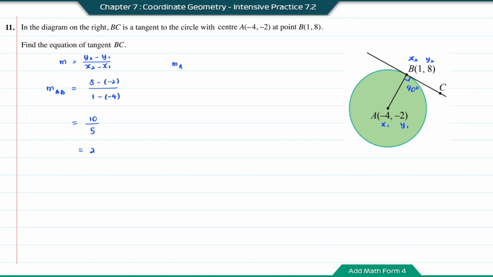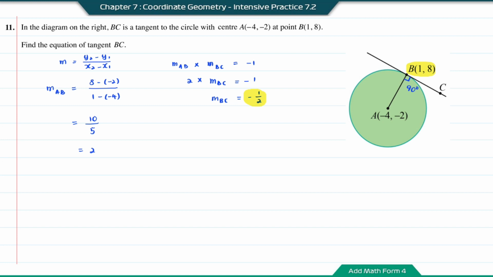When the gradient AB is multiplied with the gradient BC, as they are perpendicular, the answer is equal to negative 1. So 2 times the gradient BC is equal to negative 1. Then the gradient BC is equal to negative 1 over 2. Now we have the gradient of the tangent BC, and we know that the point B is one of the points that passes through the straight line BC.